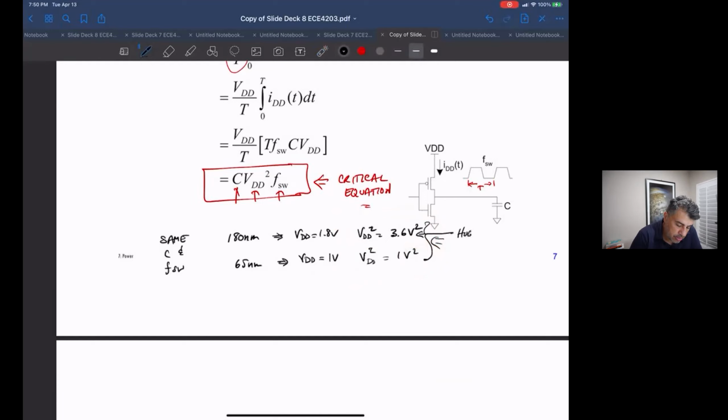So, a huge difference in power consumption depending on process, i.e. supply voltage.